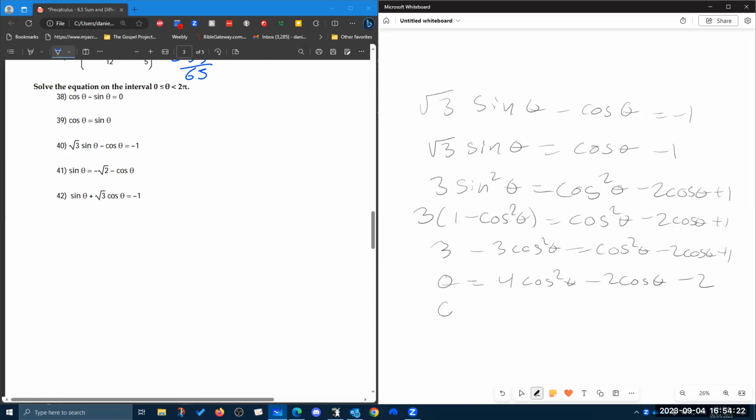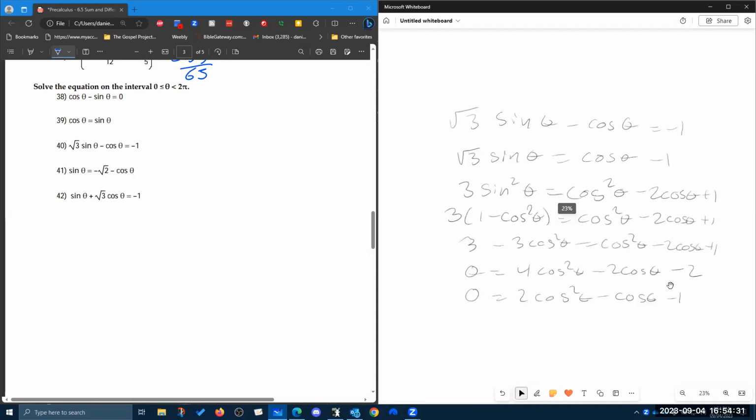Divide everything by 2. 2 cosine squared theta minus cosine theta minus 1. Let's factor.